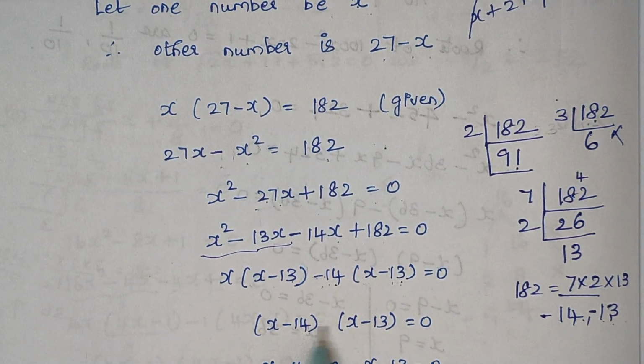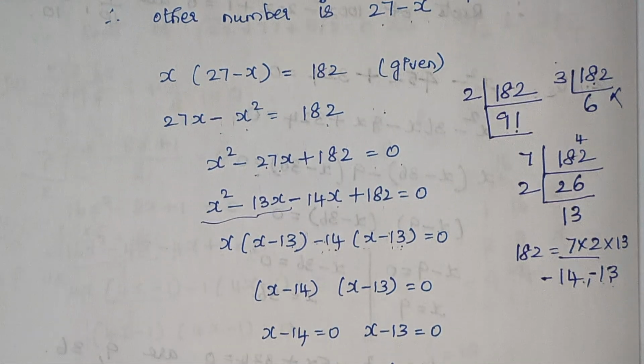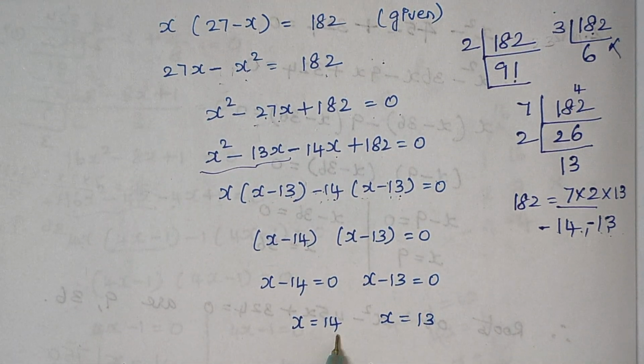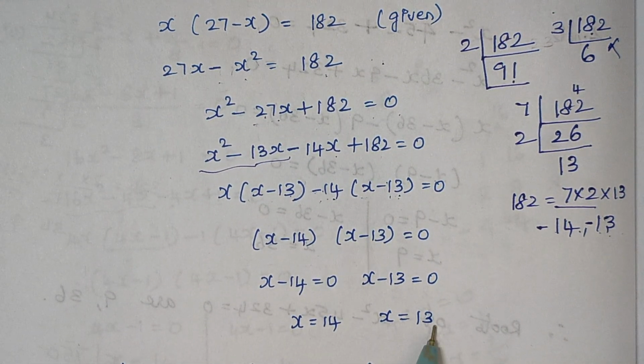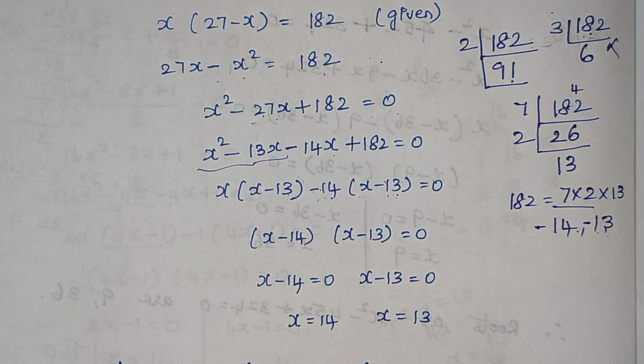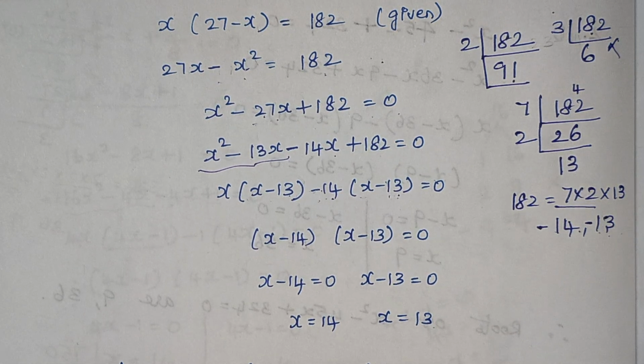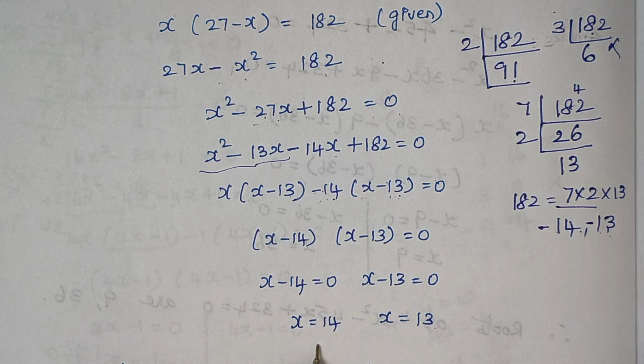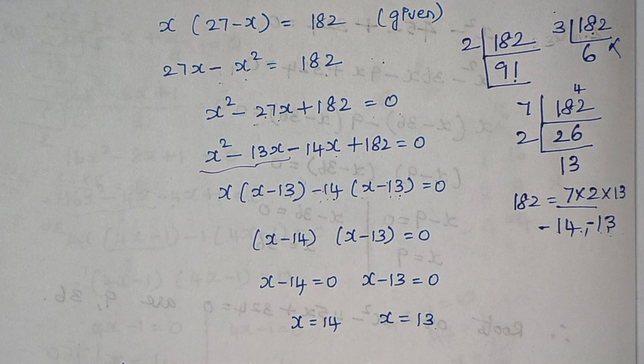Now we are going to equate each factor to 0. So the values are x equal to 14 and x equal to 13. Here we have two numbers. First I am going with x equal to 14.